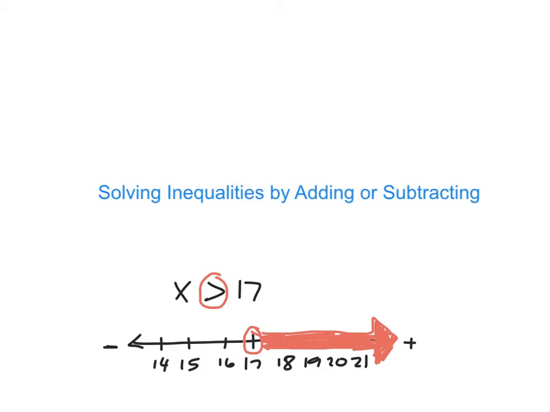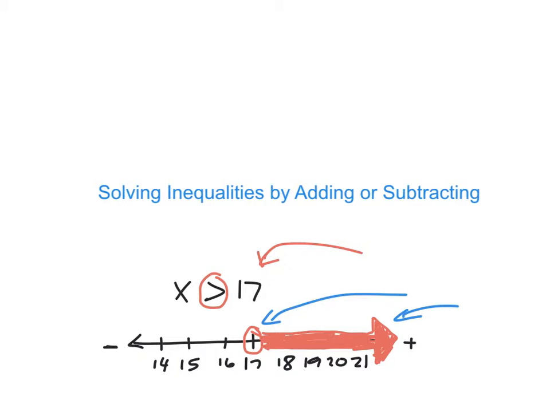But this graph, this picture, represents this inequality, that the solutions are all the numbers that are bigger than 17. Keep in mind that our circle is big and it's directly on the number line, and our shaded arrow is big, borderline obnoxious, and directly on the number line.